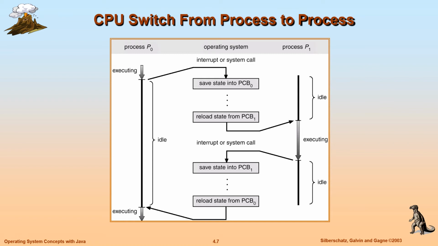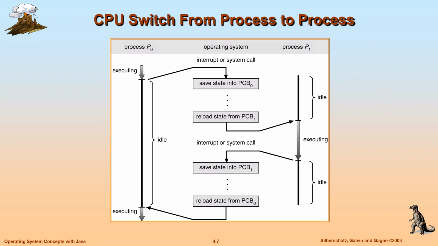Now let us see. Suppose a process P0 is executing, and suddenly while executing it gets interrupted via a system call. Then the present status of the process while executing is stored in a particular PCB.